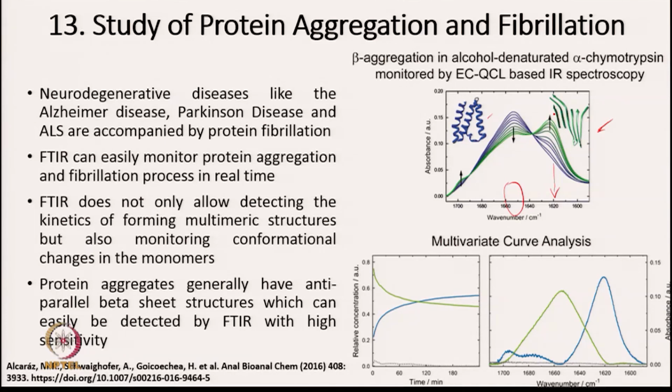FTIR does not only allow detecting the kinetics of forming multimeric structure, but also monitors conformational changes in the monomer. Protein aggregates generally have anti-parallel beta sheet structure, which can easily be detected by FTIR with higher sensitivity.